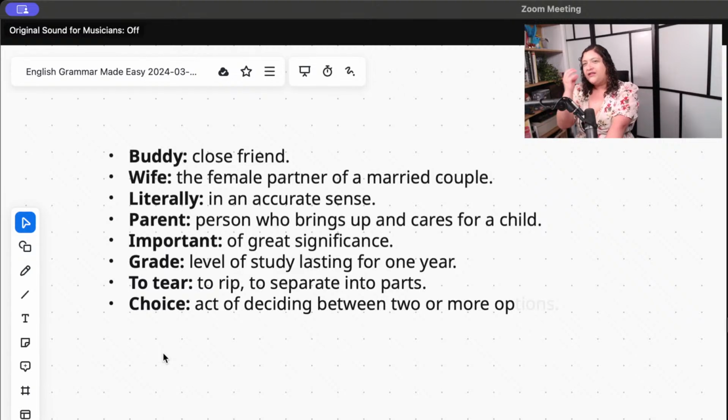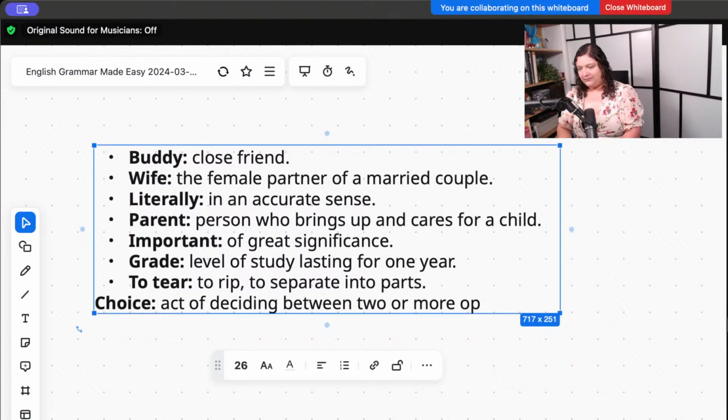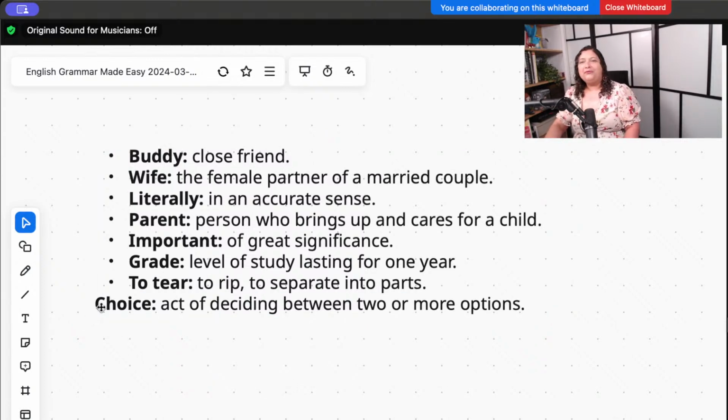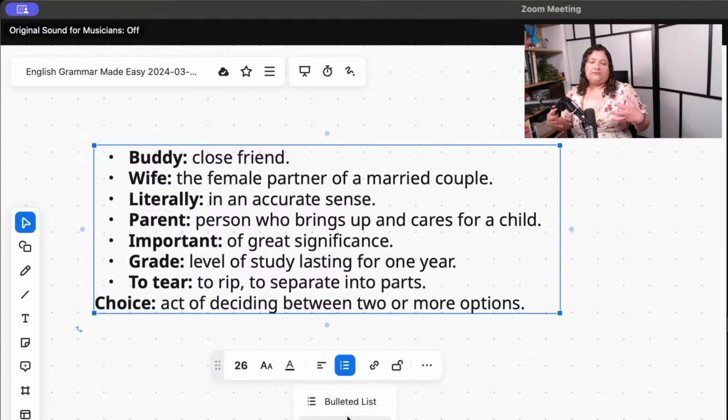Decisión, ¿verdad? So it's an act of deciding between two or more options. Period. So, por ejemplo, for an example, si necesitan escoger entre pozole y menudo, pues voy a escoger pozole porque en mi opinión es mejor.